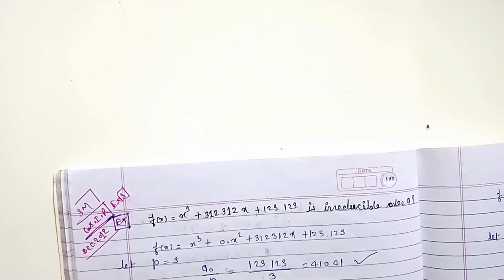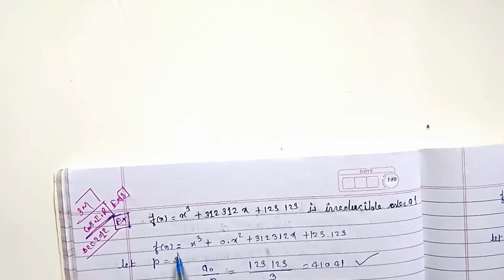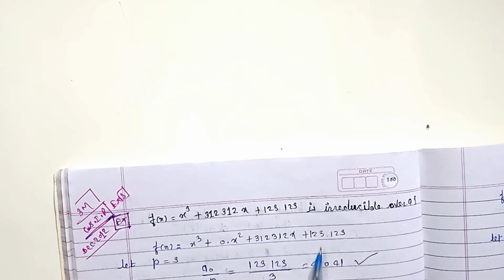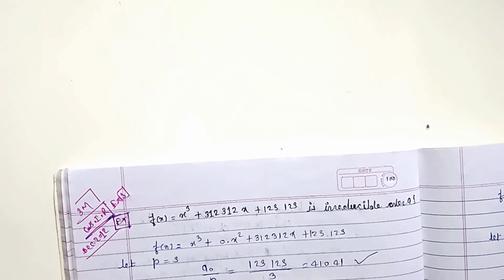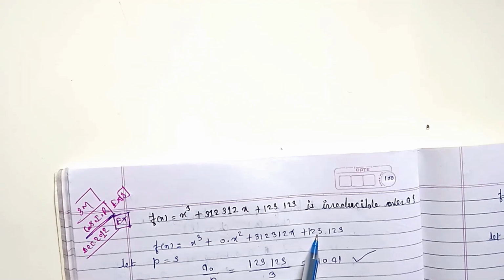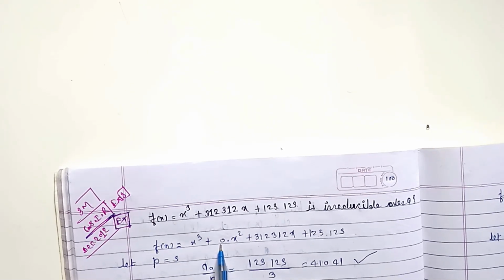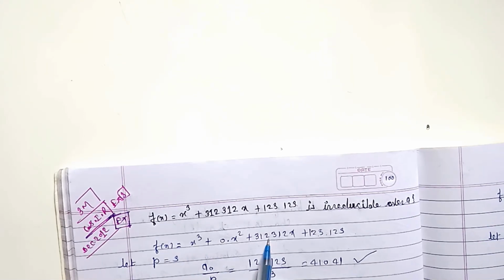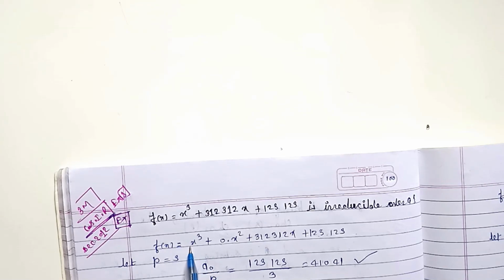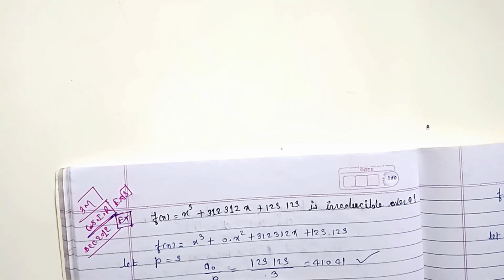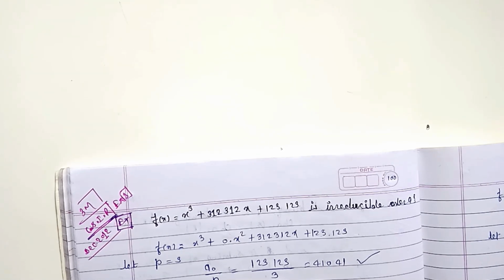Now find the prime number which can divide these numbers. Don't go in this direction, because you will land on a0 equal to 1, but the coefficient of the highest term is the leading coefficient.